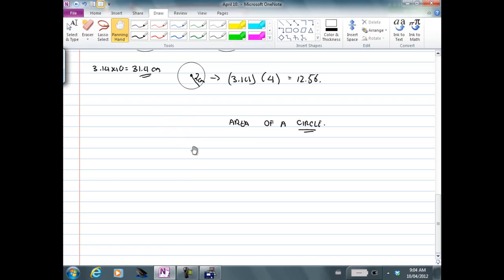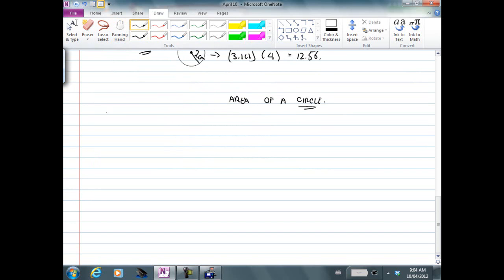Now before I start, area is the amount of space something occupies. Okay, that's what area is. It's the amount of space something occupies.